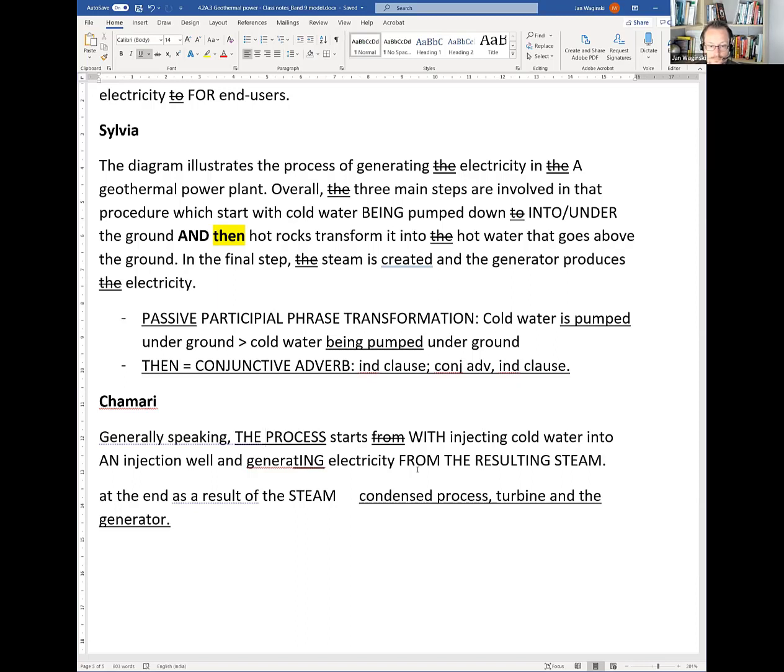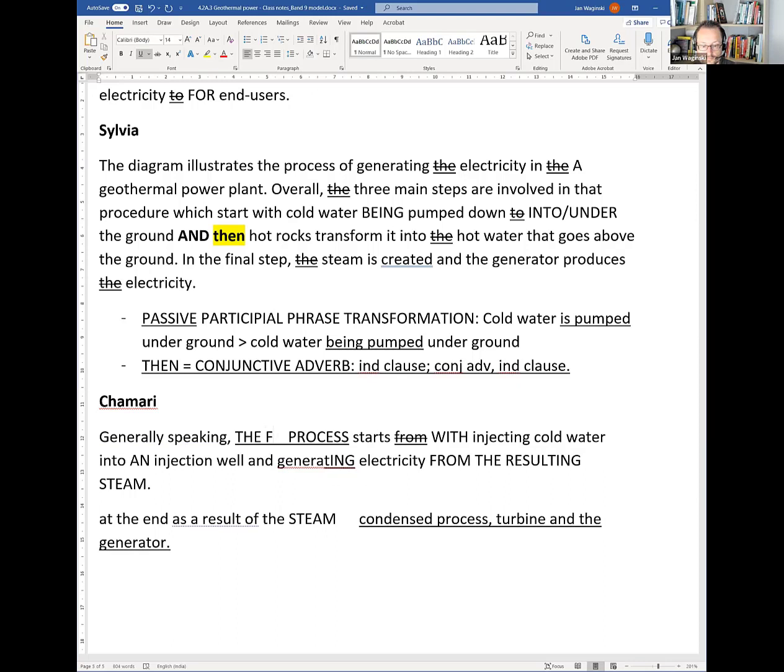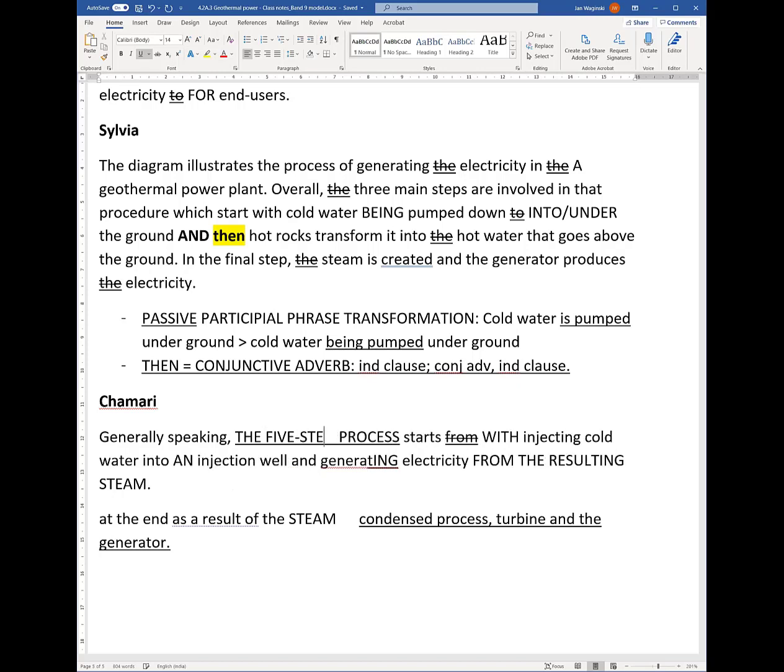Start with 5 steps in. The 5-step process. There you go.